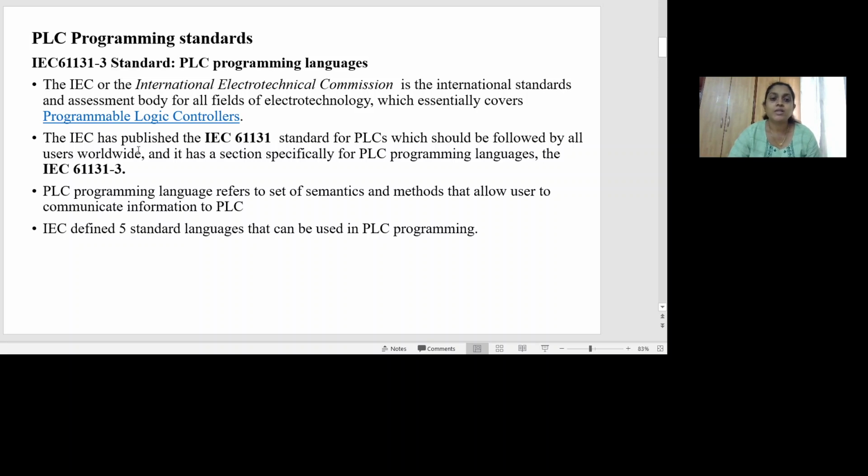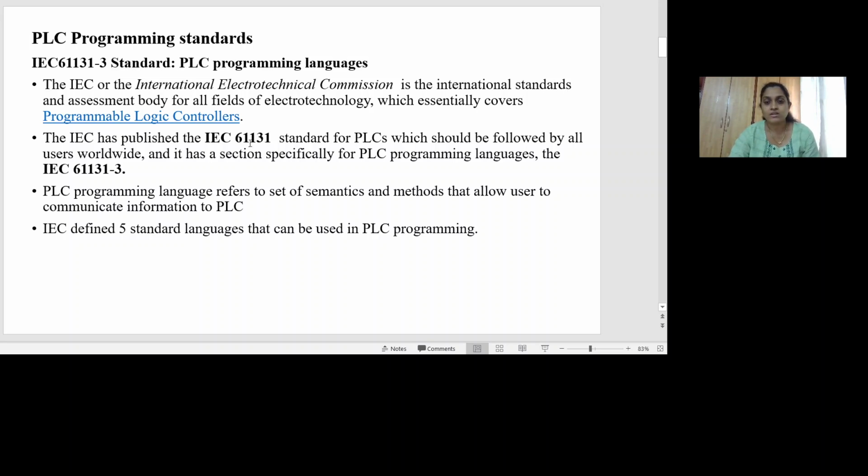And essentially the programmable logic controllers come under the electrotechnology field. So for PLCs, the standards are defined by the IEC standard body, and the IEC organization has developed standard 61131, and this relates to the PLC standards.